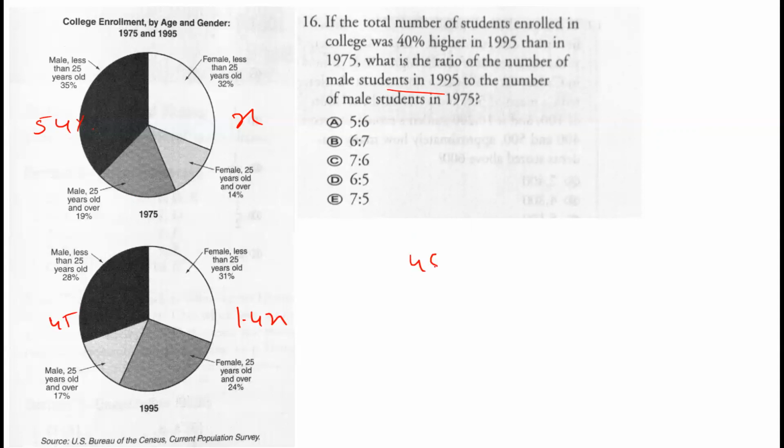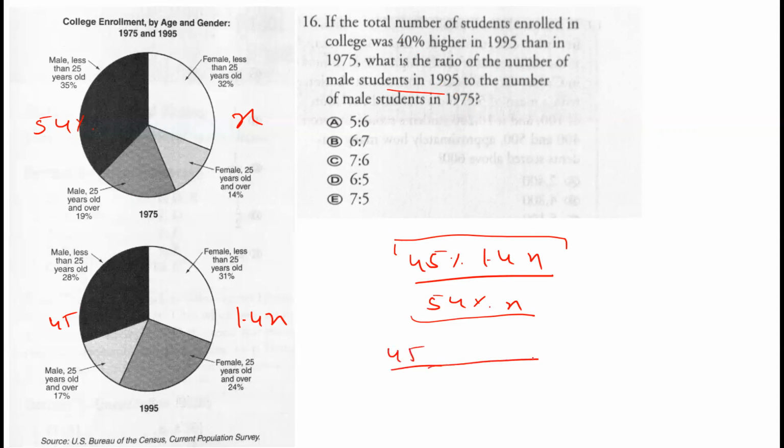So 45% of 1.4x divided by 54% of x. The numerator tells us the number of male students in 1995, and the denominator tells us the number of male students in 1975. So 45% is 0.45 and 54% is 0.54.